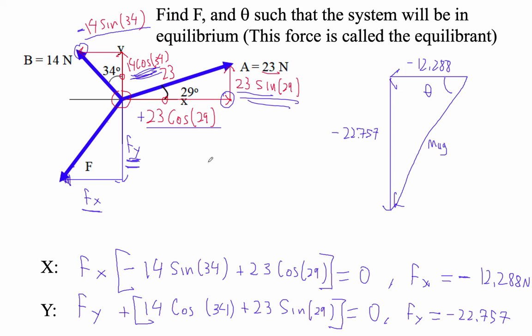So that angle there is going to be tan minus 1. This is just vectors over again, isn't it? And then I'm going to go 22.757 over 12.288. So second tan of that guy, divided by this guy. Now, I fully expect a number bigger than 45 degrees. So 61.6 degrees.